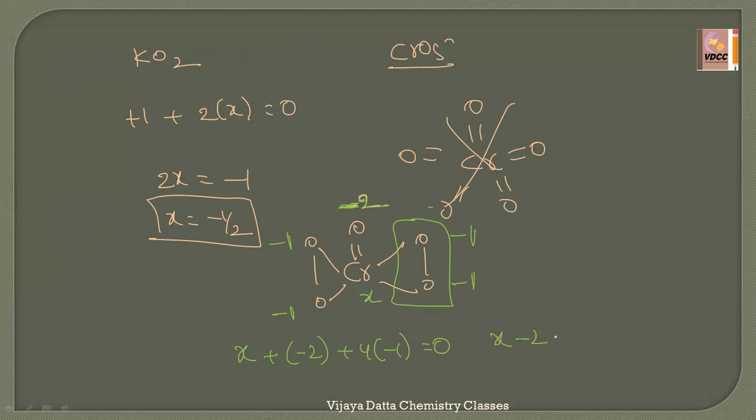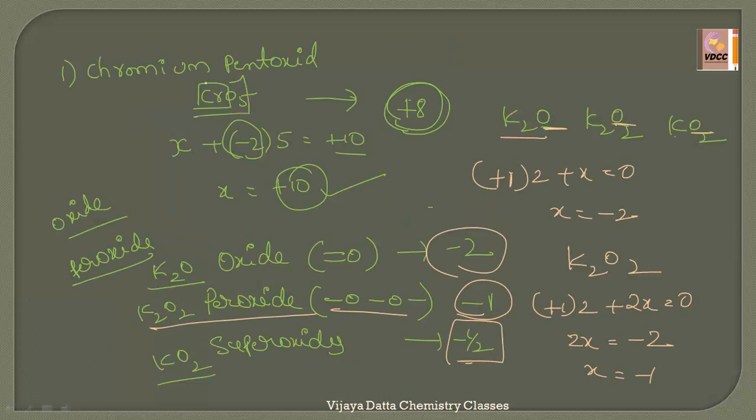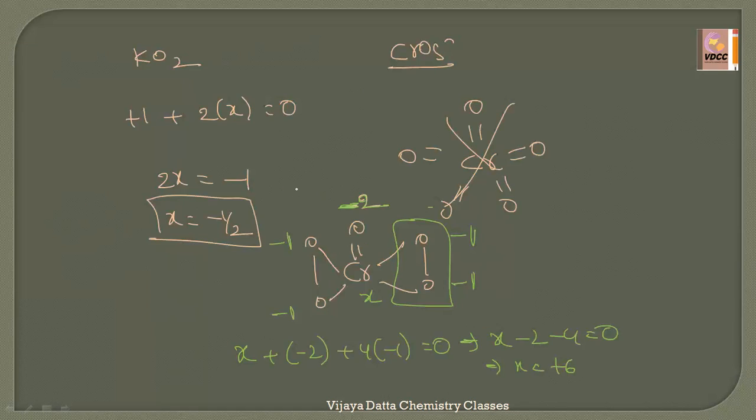Then x minus 2 minus 4 equals 0. Then x equals plus 6. So chromium's oxidation state here is plus 6. That is correct, not plus 10. So in CrO5 the chromium's oxidation state is plus 6.